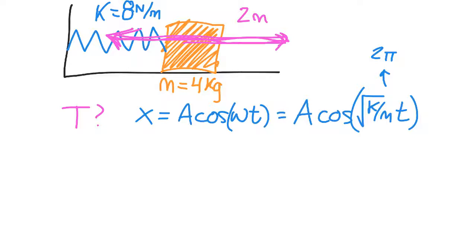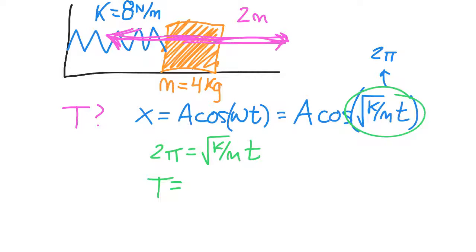So when the square root of k over m times t is equal to 2 pi, that's going to be a complete period. So the period is equal to 2 pi over the square root of k over m, which is equal to 2 pi times the square root of m over k.